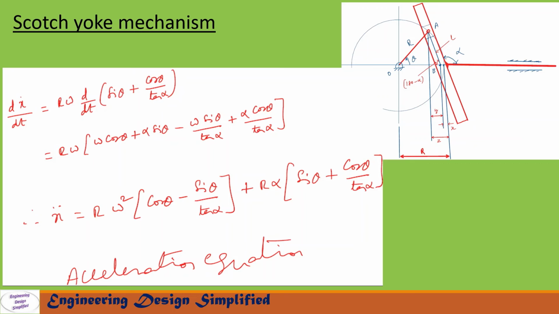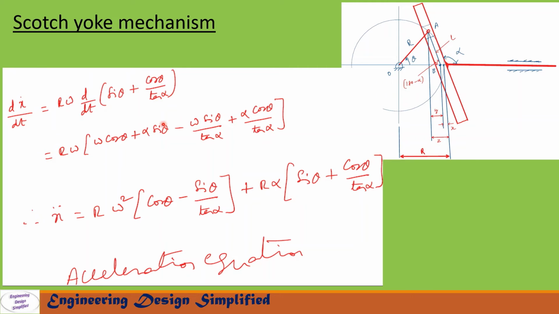To find acceleration of the plunger, let us differentiate velocity equation with respect to time. So d x dot by dt equal to r omega d by dt of sin theta plus cos theta by tan alpha. So after differentiation we get r omega into omega cos theta plus alpha sin theta minus omega sin theta by tan alpha plus alpha cos theta by tan alpha.